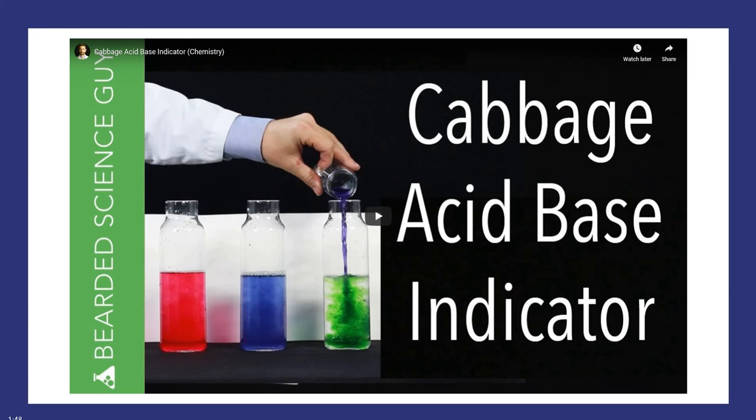He does say that it doesn't really matter what temperature of water, but the reality is the warm water or hot water really does work best. And where he talks about pouring it off, you also could use a strainer if you wanted to. But the idea is to not have too many chunks in your indicator. Okay, so here goes.